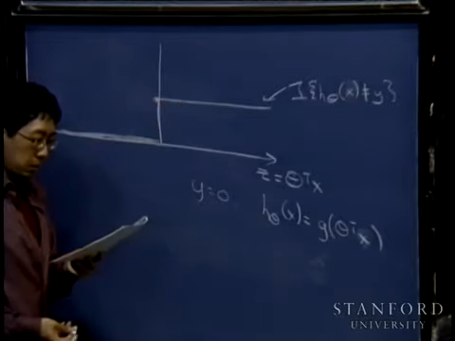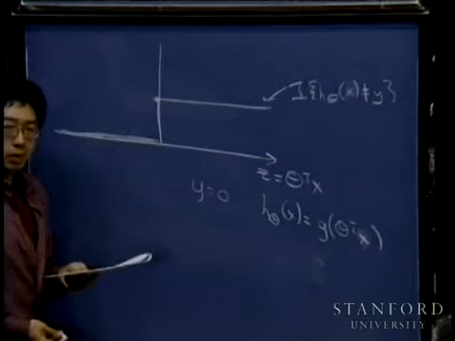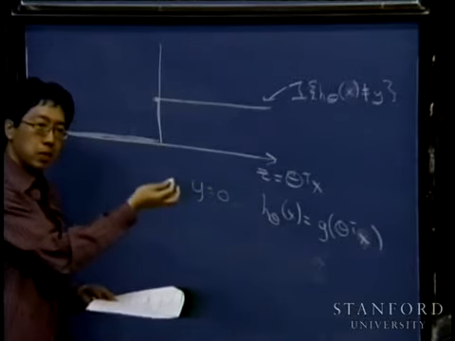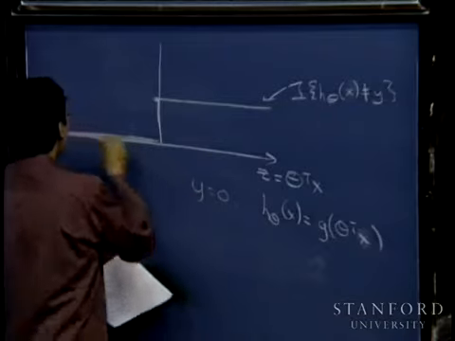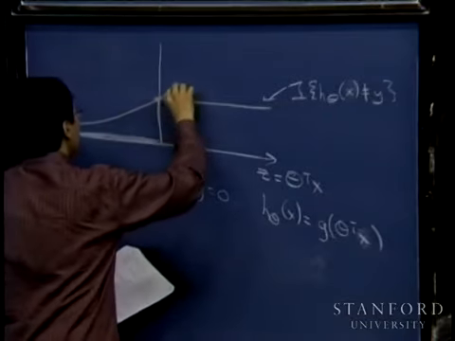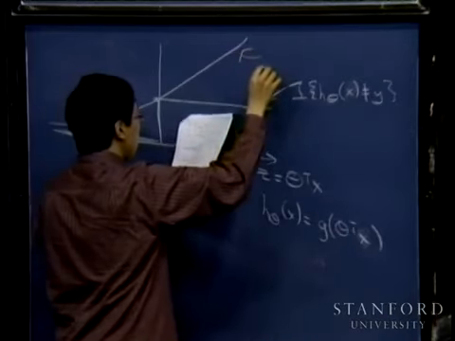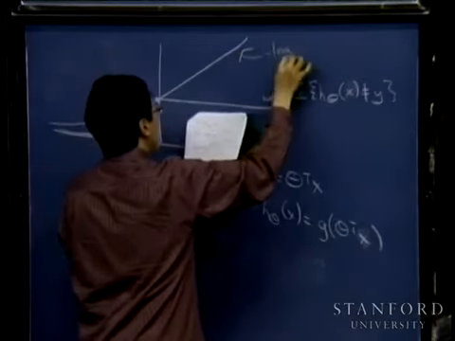But both logistic regression and support vector machines can be viewed as using a convex approximation to this problem. Let me draw a function like that.